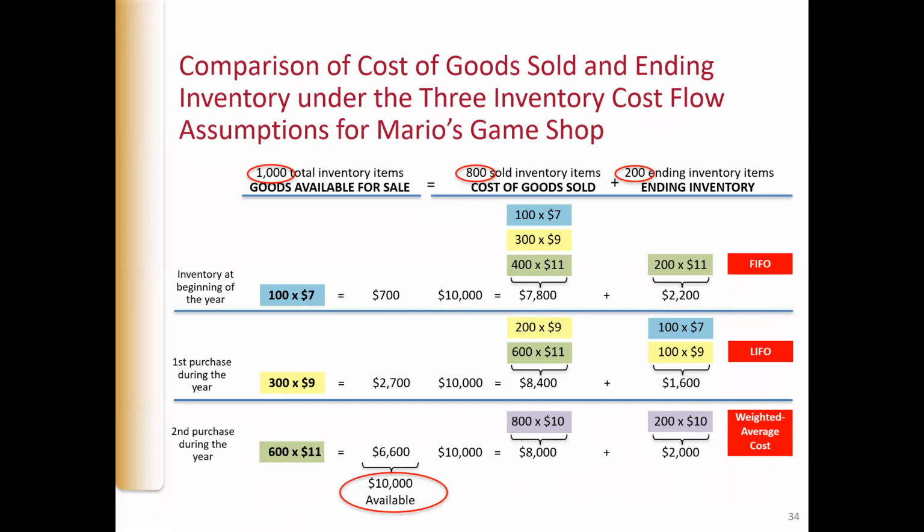If we use LIFO, the cost of goods sold is higher because we're taking the newest units that cost more, and our ending inventory are the units that we've had longer. If we use the weighted average method, it will always be in between the two, LIFO and FIFO. Does that make sense?